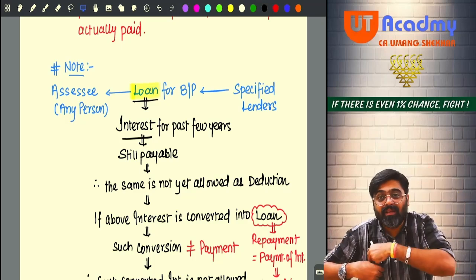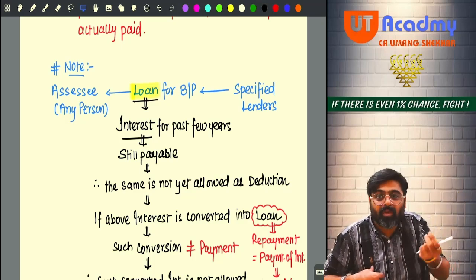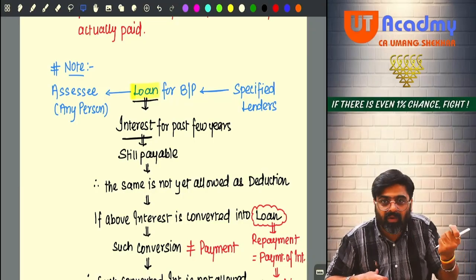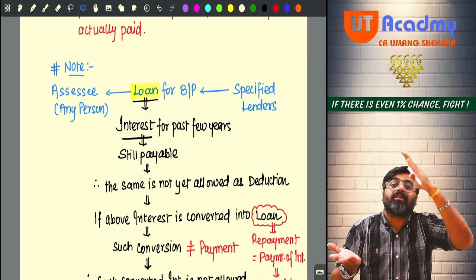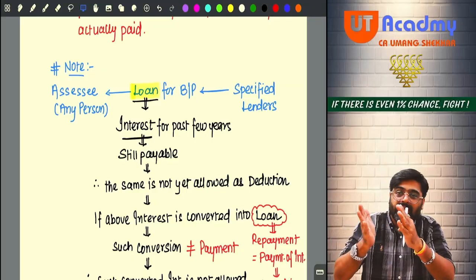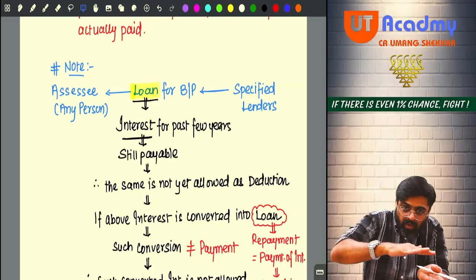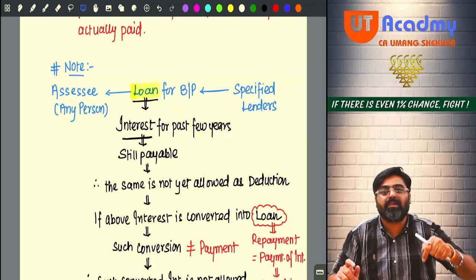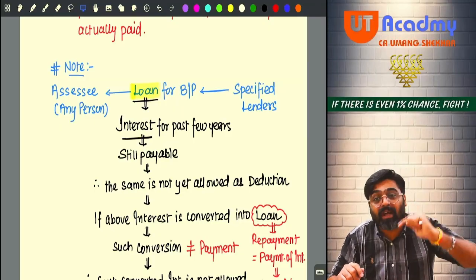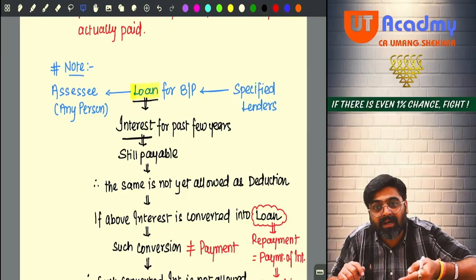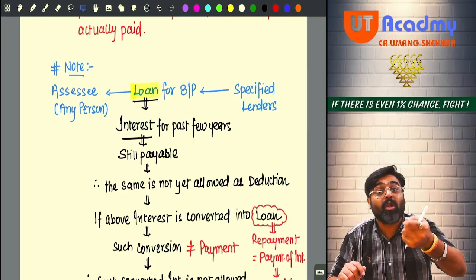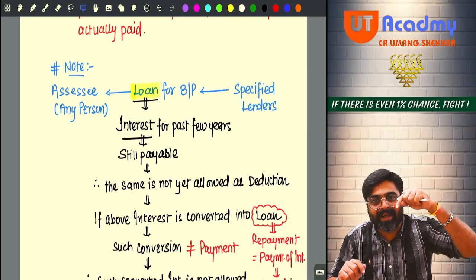Paid means actual money should go from your pocket. Is it going? No. As a result of rescheduling, it is just getting converted into a loan. Interest getting converted into loan is not the payment of this interest. So the year in which it is converted is not the year in which it is paid, so it's not the year in which you can take that deduction.